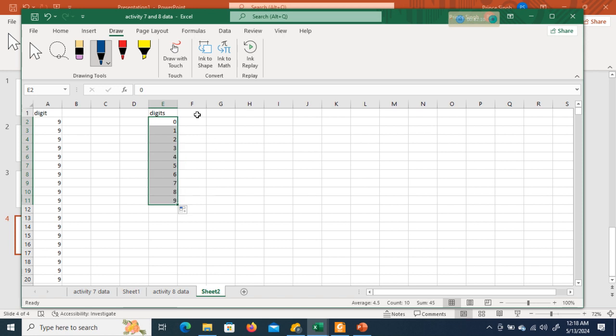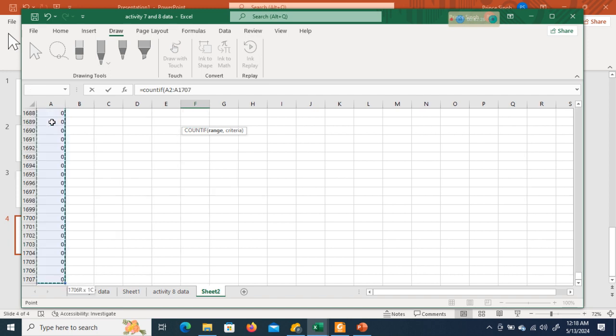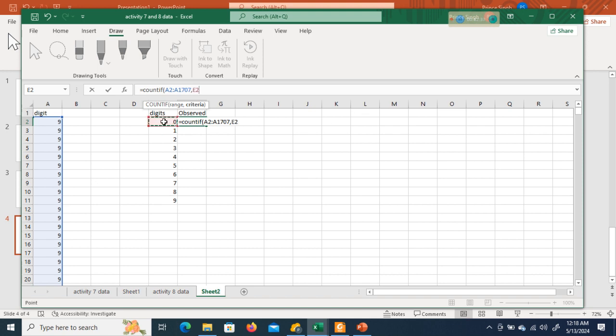Now I want to calculate the observed frequency, that is how many times these digits occur. So we can apply the command of COUNTIF. The range is from here to the last one. And what is the criteria here? The criteria is this number. Again, because I will need to calculate the others also, I want to fix that this range will definitely start from this particular point only.